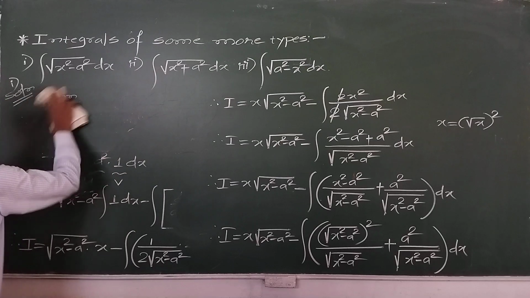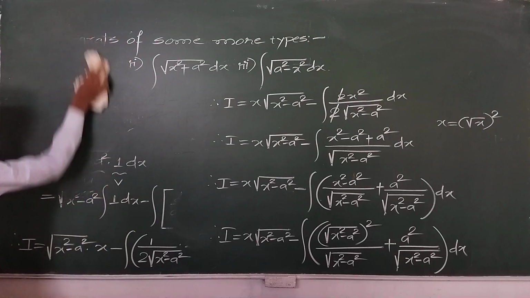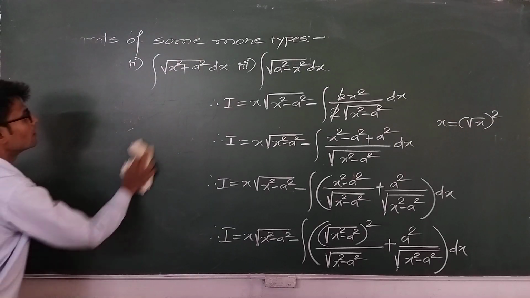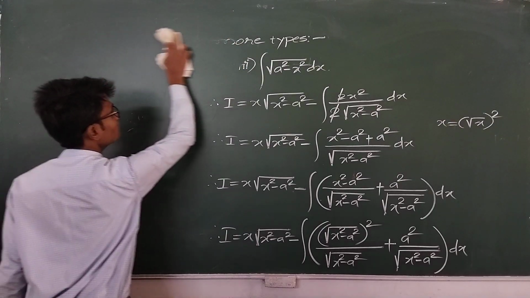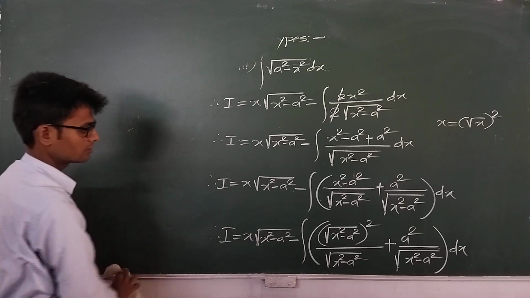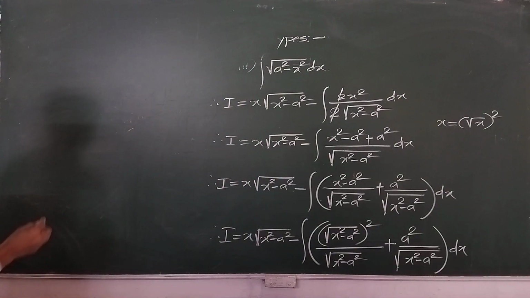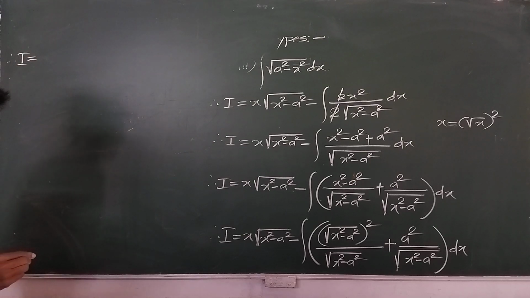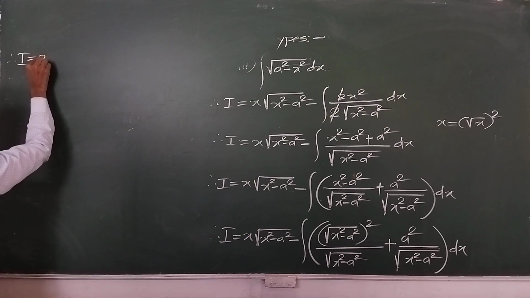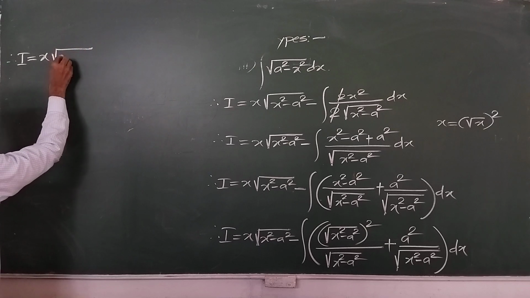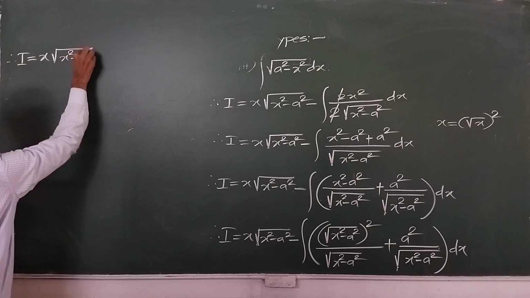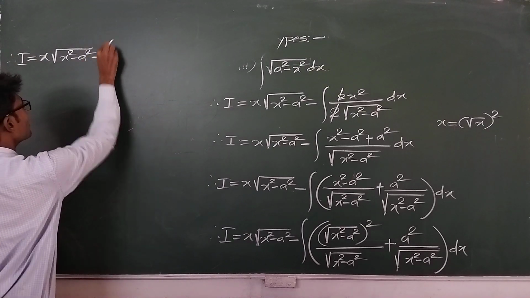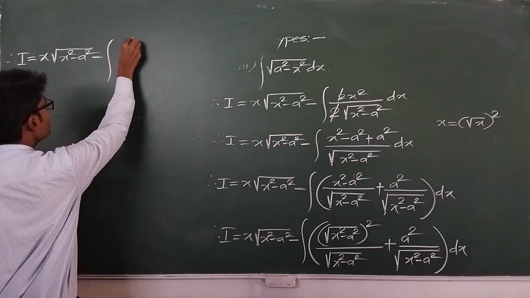Now I go for the value of I. So I'll write the value of I is equal to x into square root of x square minus a square, right? Next minus, you write the integral sign with a bracket.